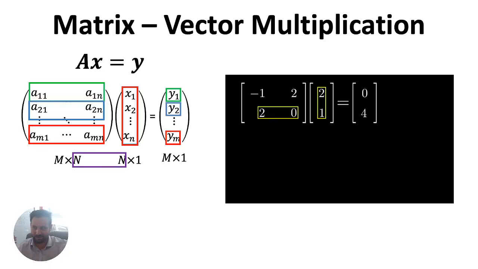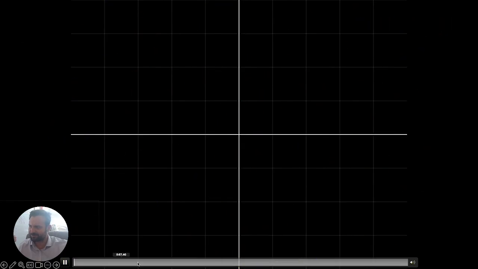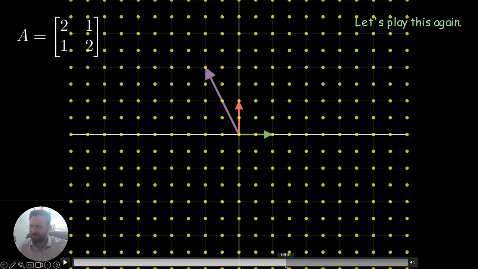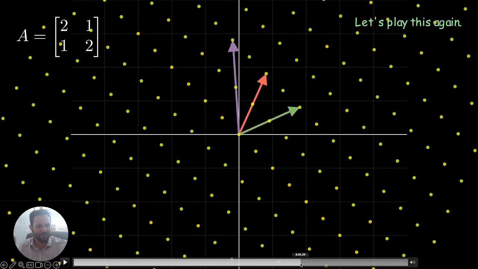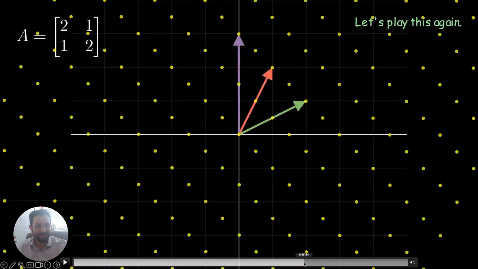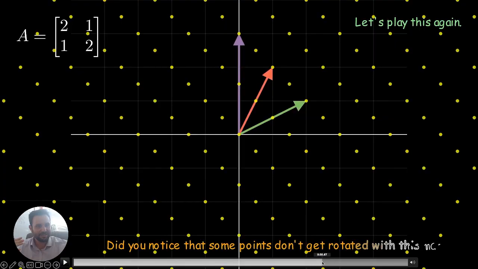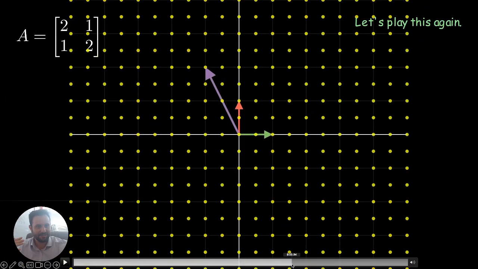So this is important. When we transform the space, all of the data points find their new locations. And there are some directions, some data points that don't get affected by this. Do you see this?